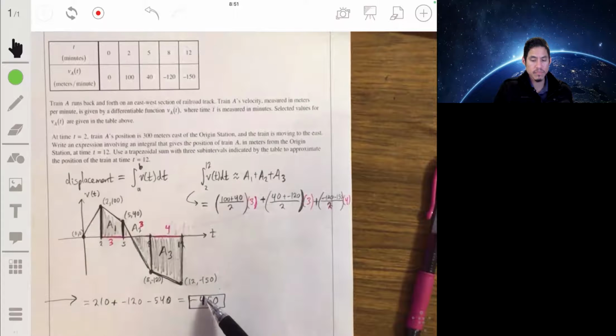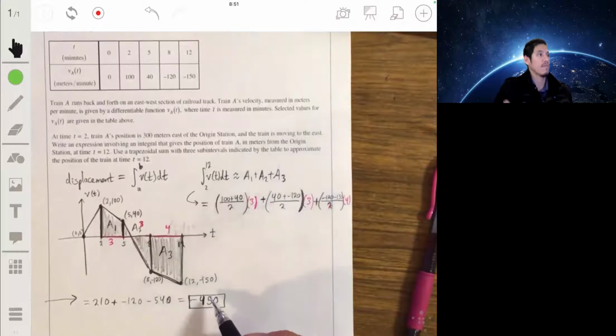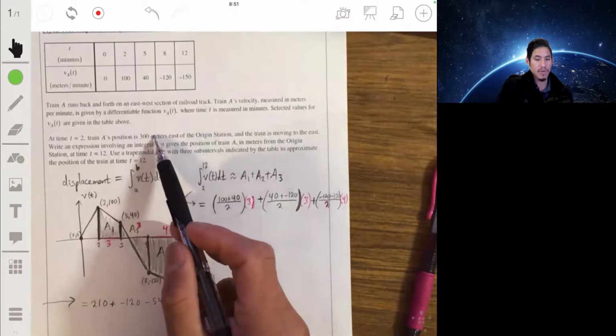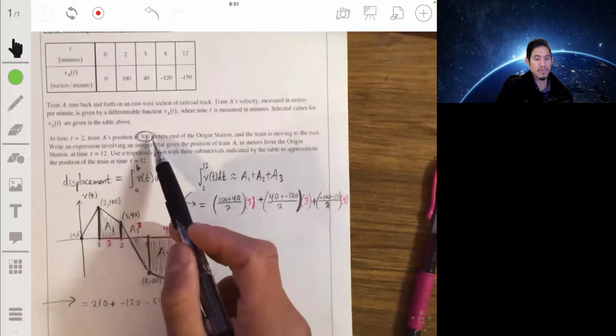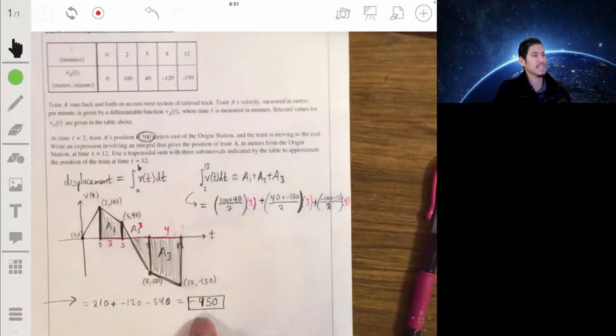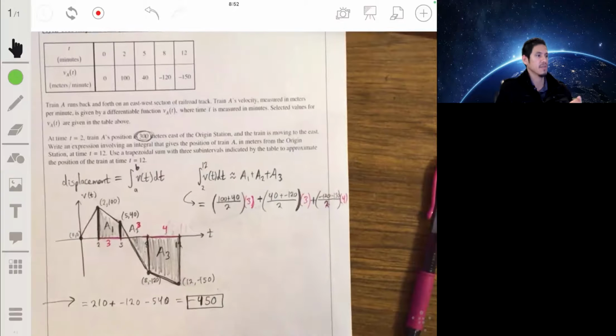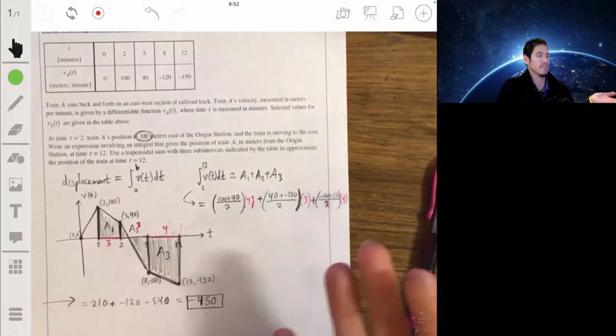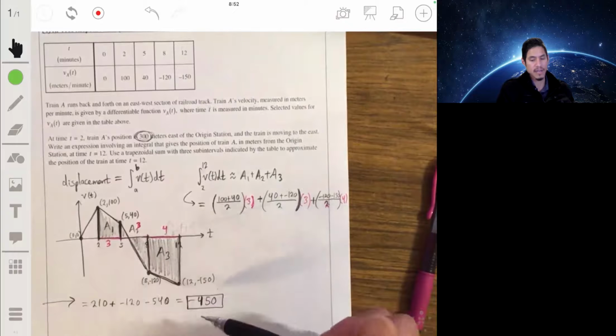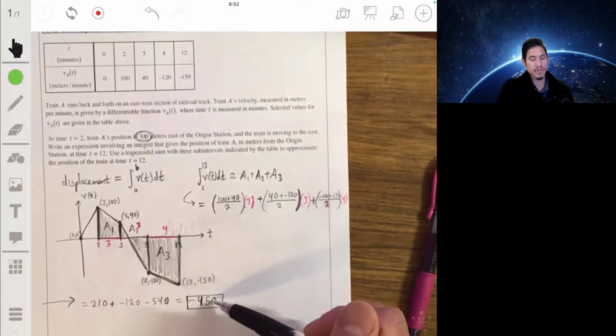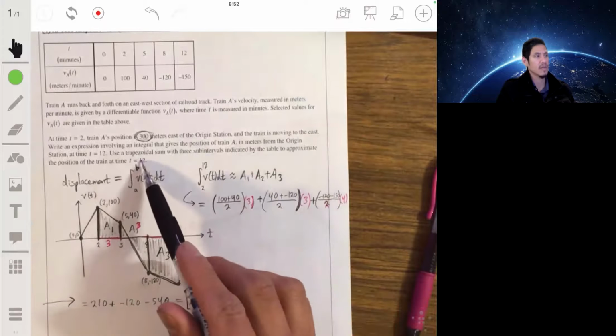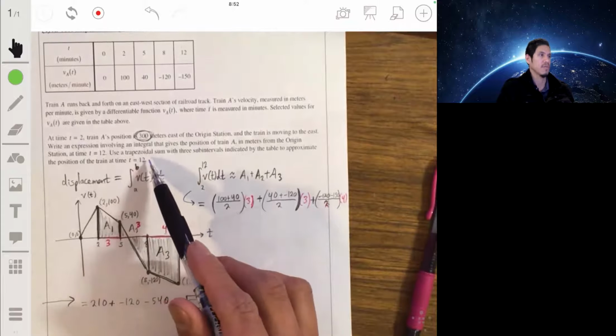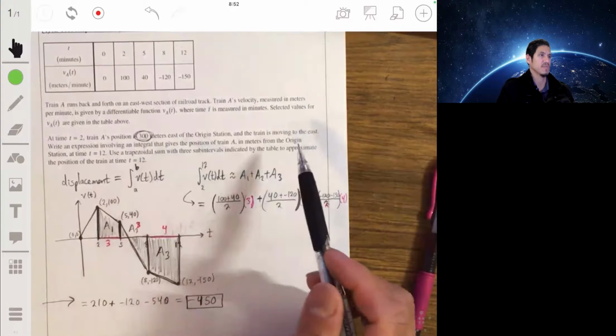Now, we want to figure out where it is relative to where it was at t equals 2. If it started at position 0, we could just say that the train is going to be 450 meters west from origin station at t equals 12.